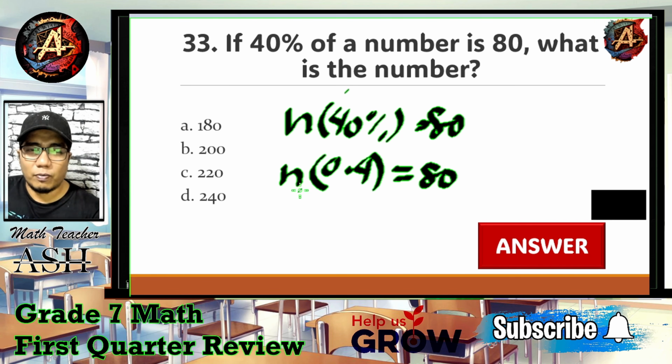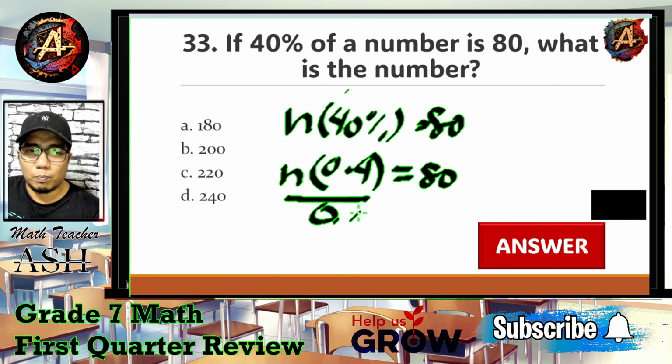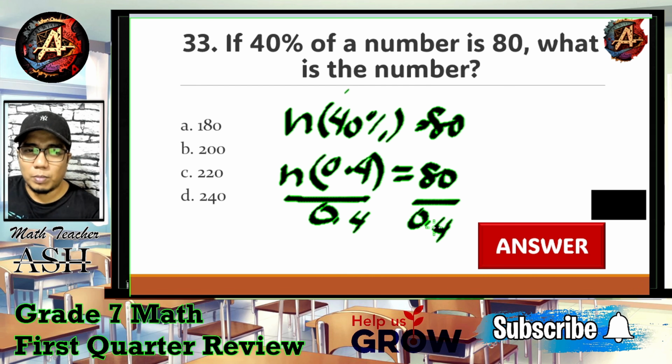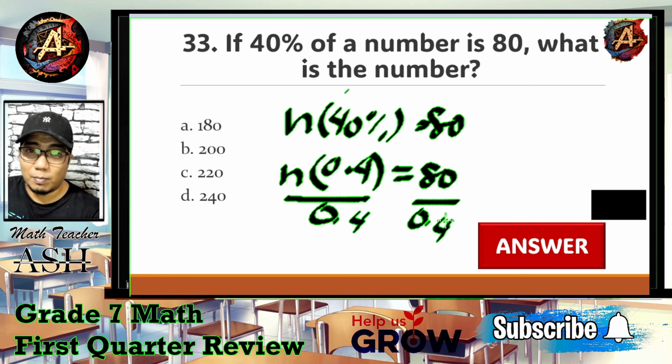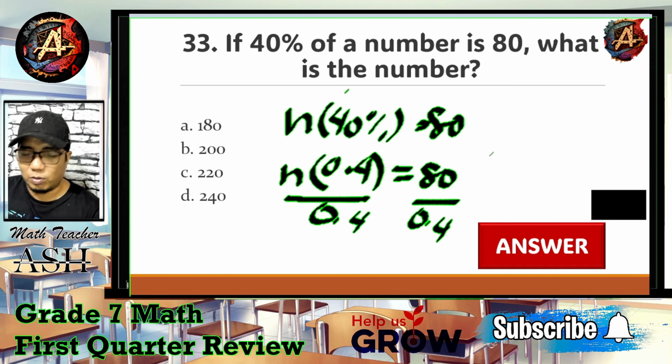In order to isolate the value of n, you divide both sides by 0.4. So 80 divided by 0.4, moving the decimal place to the right, gives us 800 divided by 4. What would be the answer? Very good. That is letter B, 200.